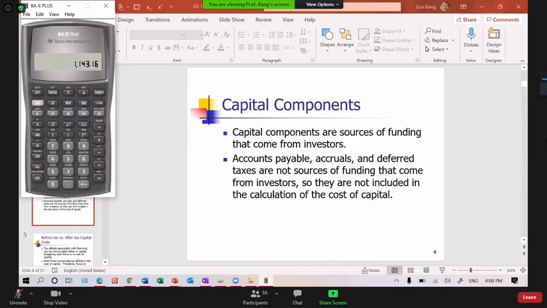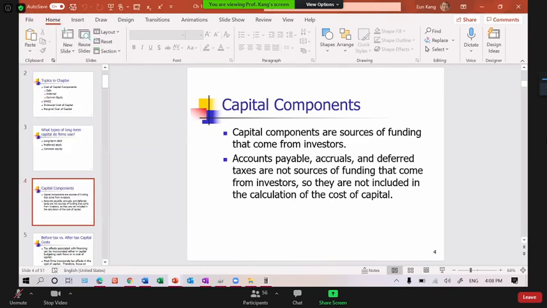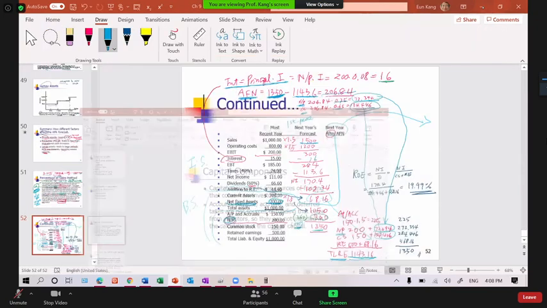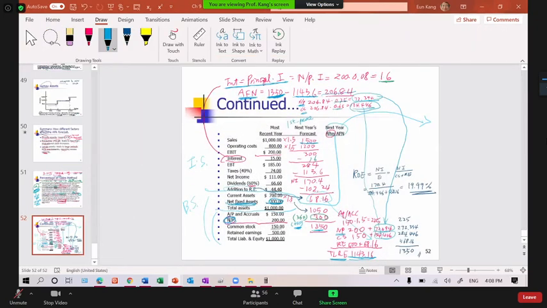That gives 1143.16, right? 1143.16 is before, this part: 225 plus 200 plus 150 plus this.